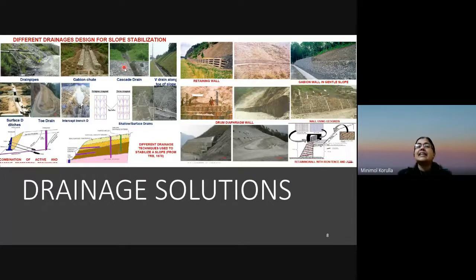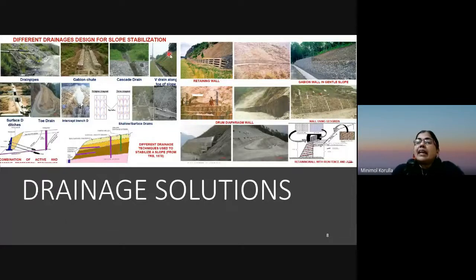Then cascade drain. In this case it is a smooth inclined drain, but in the next case it is not just an inclined drain; in the inclined drain itself there are a number of stops. What is the advantage of providing stops? Definitely the construction cost will be more, but there will be enough dissipation of the energy of water.